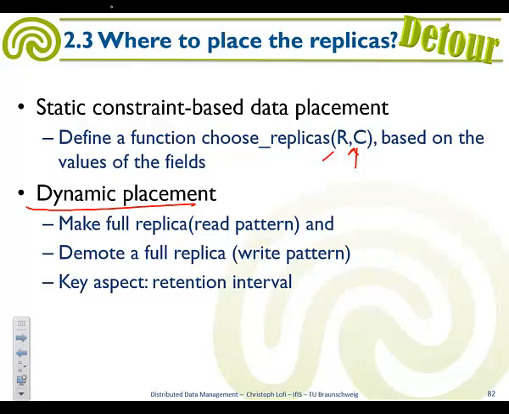If I want to dynamically place my replicas, there are 2 things that I can do. I assume that if you want to read at a place, this reading will come up more. So with these simple things, they managed to create a very powerful and dynamic placement of the records over the data centers. Basically, that's it.